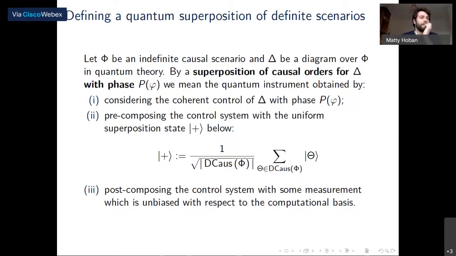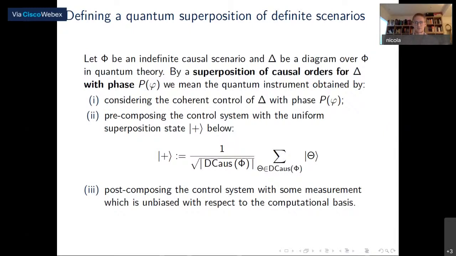So the first question is from Villasini: how do you model dynamic causal orders in this framework? Do you simply add that party's local input as a control in the diagram? So there is this external system which encodes an agent who is able to choose a particular causal order, but who can also prepare, by precomposing with a uniform superposition state, a superposition of causal orders. It's just another agent.